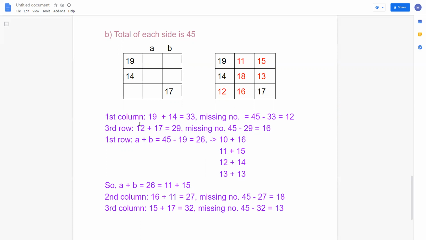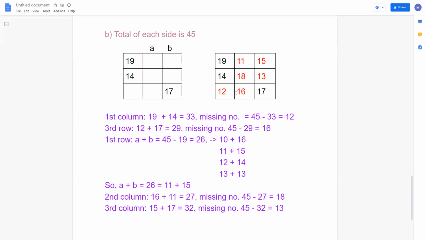So first column, 19 plus 14 equals 33. So the missing number in the first column equals 45 minus 33 equals 12. So you see here we got 12. The red numbers are the missing numbers, black numbers are the given numbers in the question. So the first column is filled.